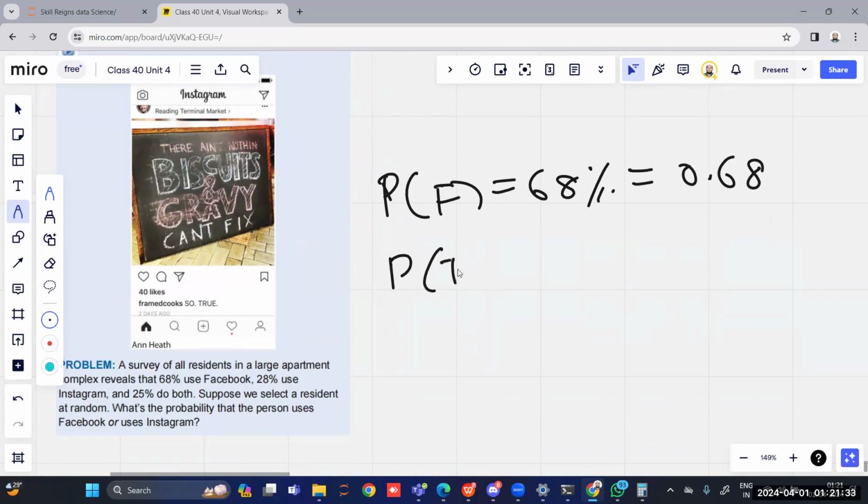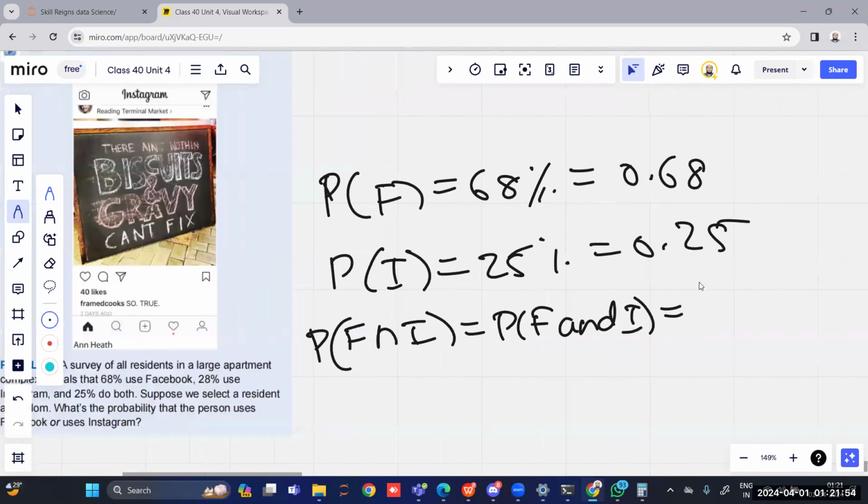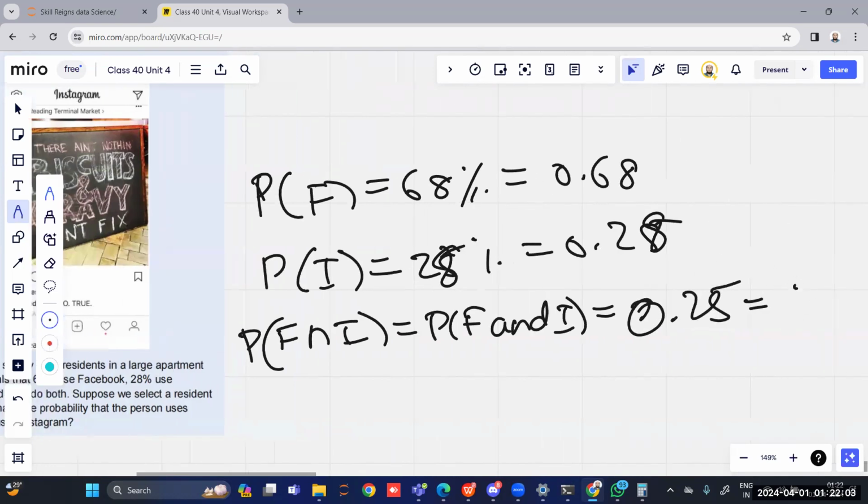Probability of Instagram users is 0.28. And the probability of both, F intersection I, or you can write probability of F and I, is 25%, that's 0.25. So what do we need to find?